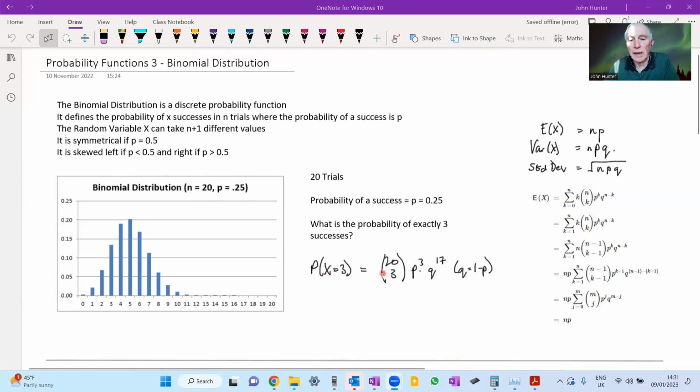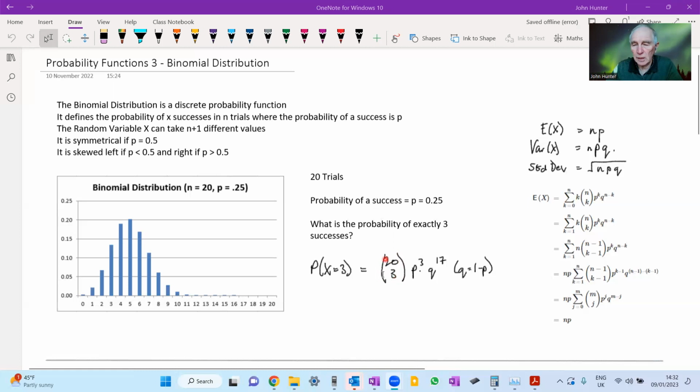Now, this is calculated as 20C3. This is the coefficient that we've seen in the probability section. I won't go back over why we justify that, but just to say that the value of that is 20 factorial divided by 3 factorial times 17 factorial.